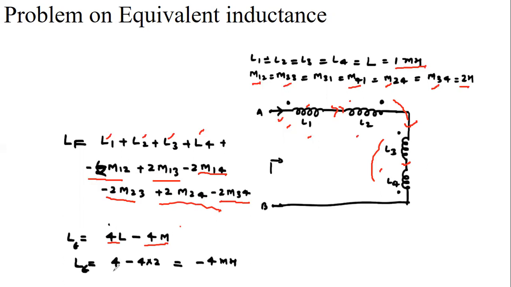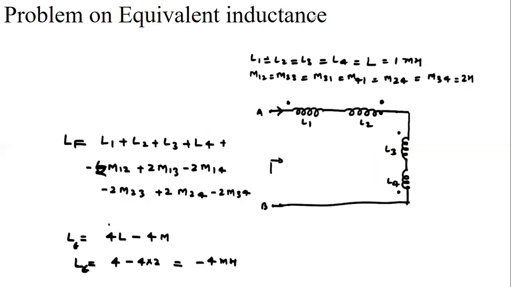Putting the value of L as 1 millihenry, this becomes equivalent to minus 4 millihenry. The minus sign just indicates that the flux is opposing the current flow.